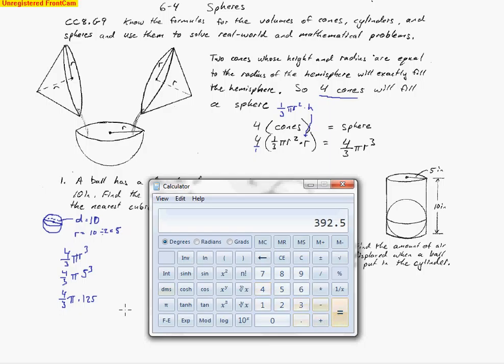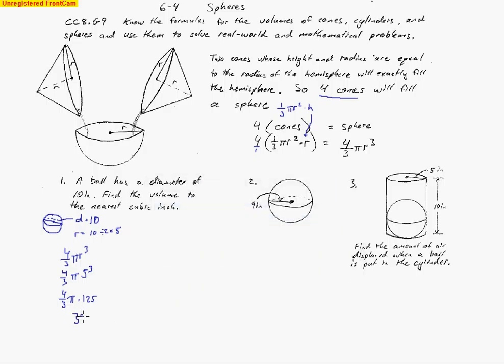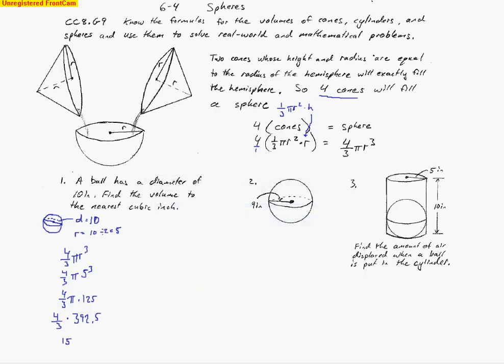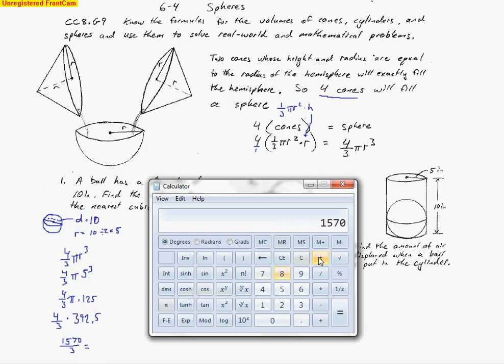That gives me 392.5. From there, I multiply by the 4 and divide by the 3. Watch when I do that. Times 4 gives me 1570. And then I'm dividing that number by 3. Notice how I'm not really clearing the calculator.